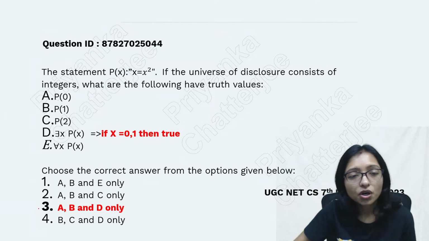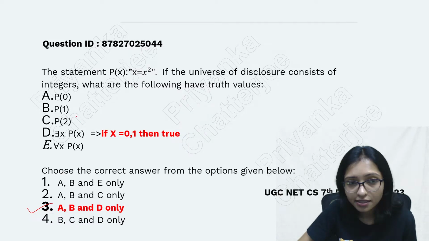Yes. So A, B and D. This is the correct answer.